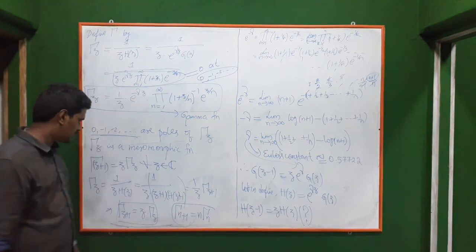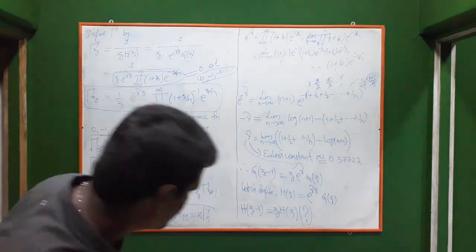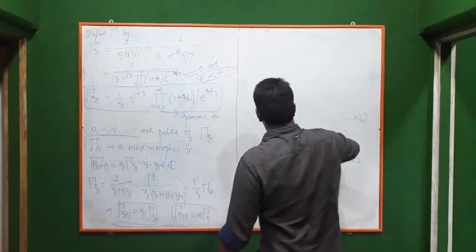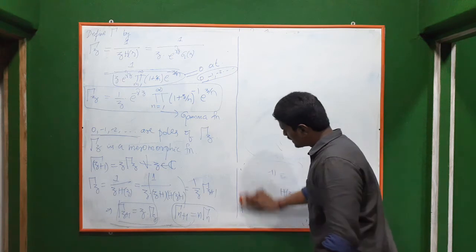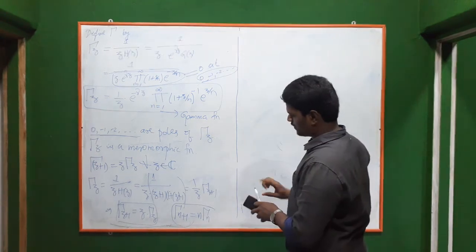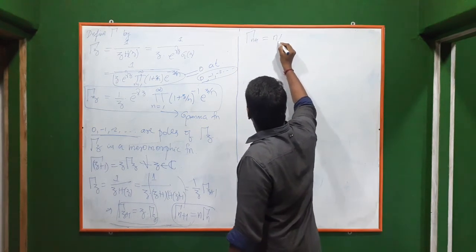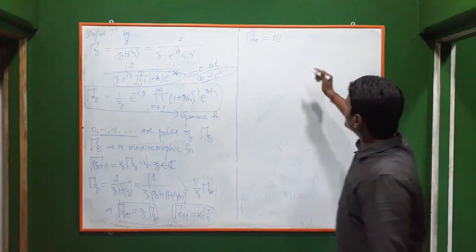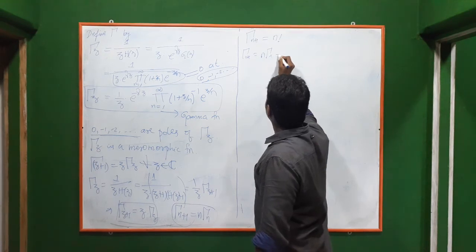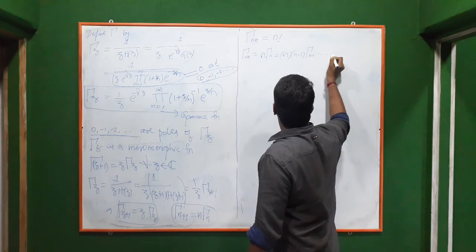Any complex number. And moreover, if z is an integer, then what happens to a positive integer? If z is a positive integer, then we will get gamma of n plus 1 is n into gamma of n, that is, gamma of n plus 1 is n factorial. That means gamma of n plus 1 is n into gamma of n, which is equal to n into n minus 1 into gamma of n minus 1, and so on.